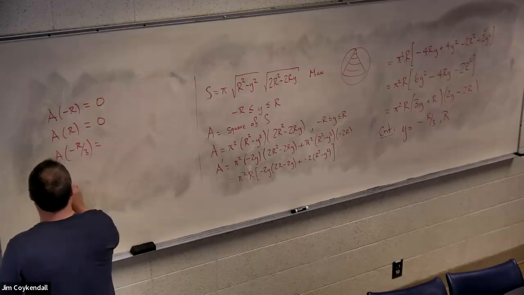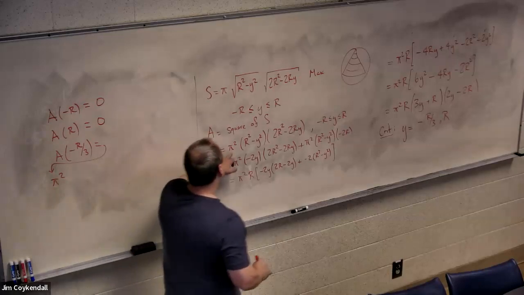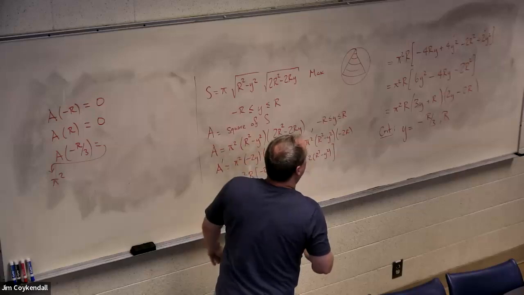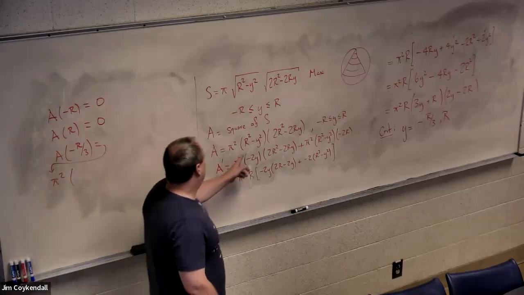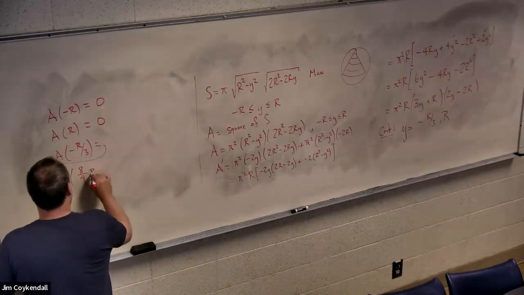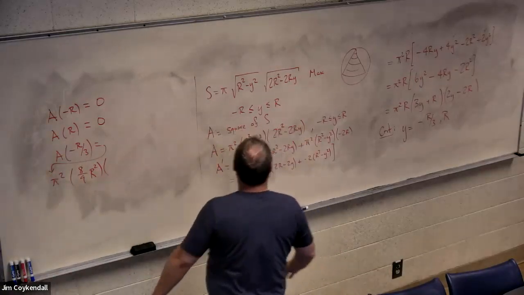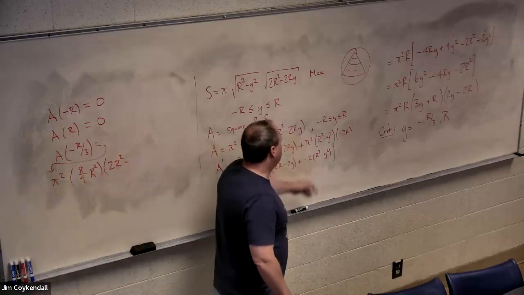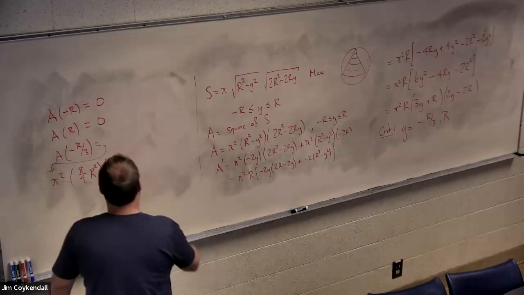I get pi squared. I'll put this in. This is going to be r squared minus r squared over 9. So this is going to be r squared minus r squared over 9, which is 8/9 r squared. And for this other bit, I'm going to have 2r squared minus 2r times a third r, so that's plus 2/3 r squared.